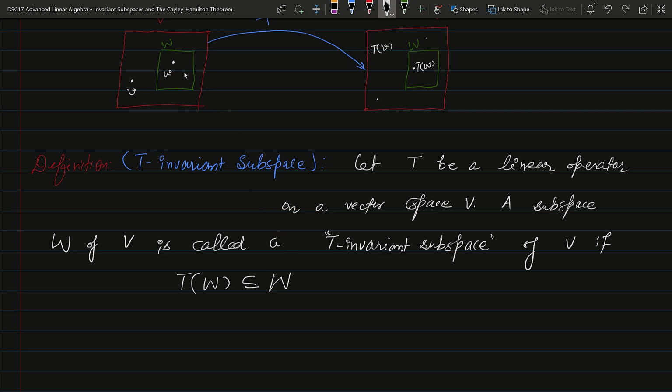So whenever you have the image of an element of W, it again comes in the W subspace itself.